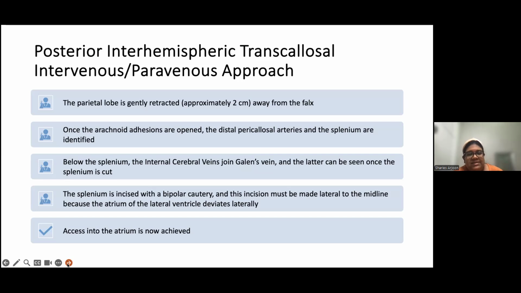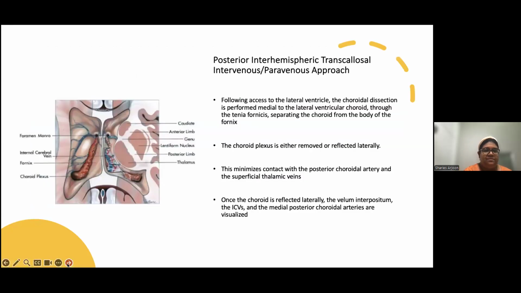The splenium is incised with a bipolar cautery, and this incision must be made lateral to the midline because the atrium of the lateral ventricle deviates laterally, and access into the atrium is now achieved.